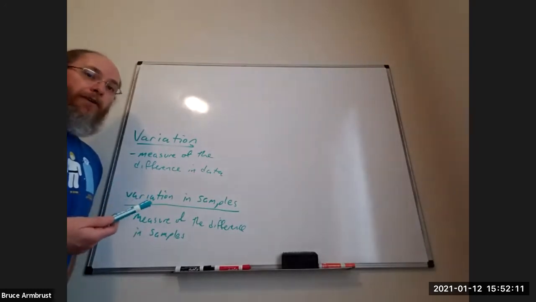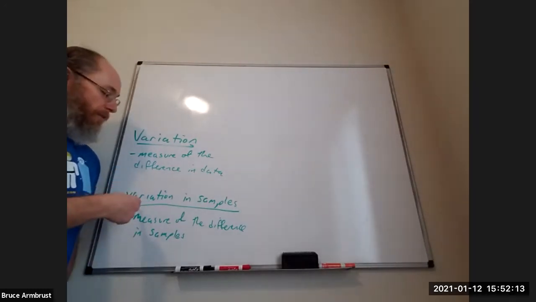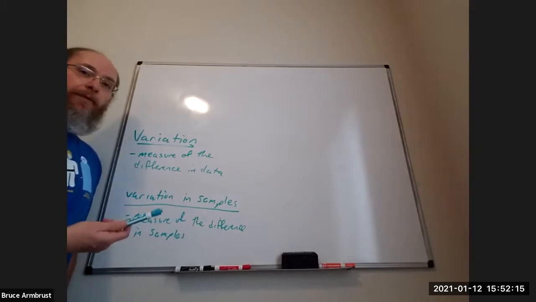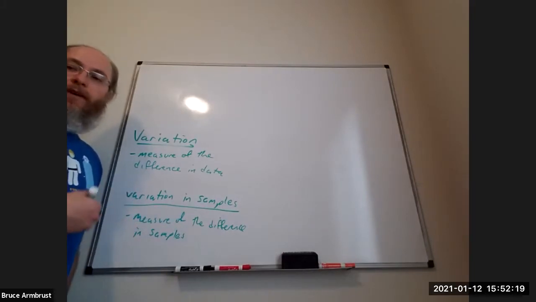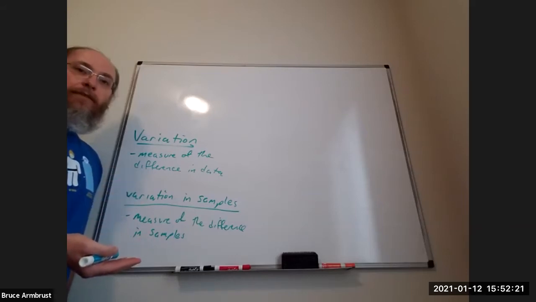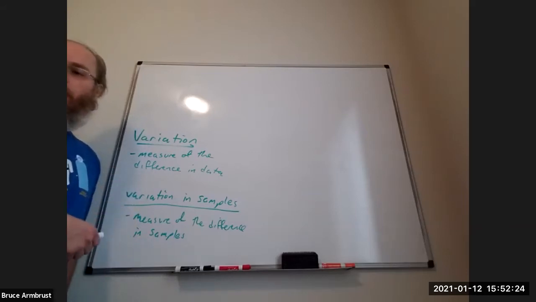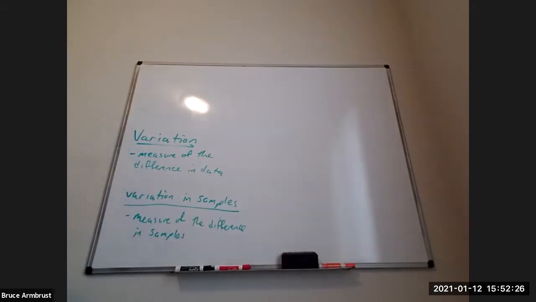We might get different values. And so that's variation in samples. So one of the things that we are going to try to keep track of is what kind of variation do we have. All right, so there's variation.